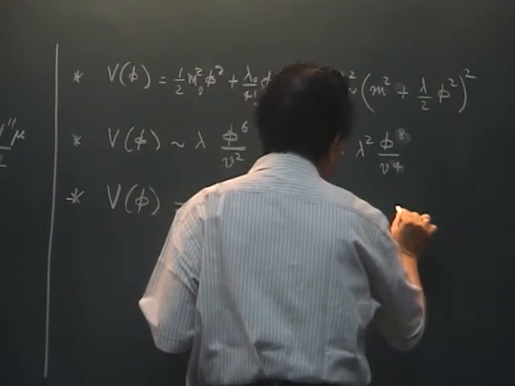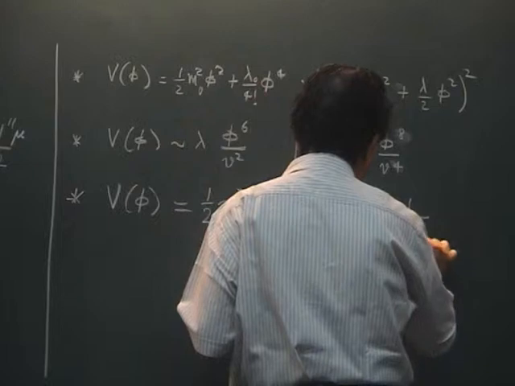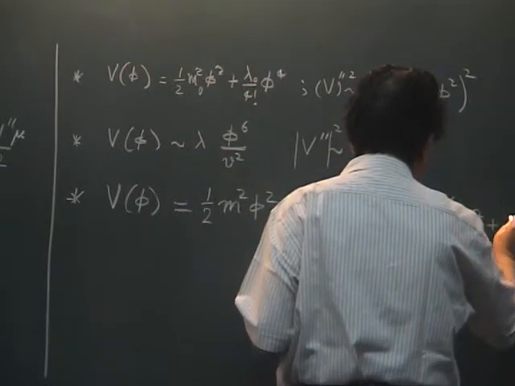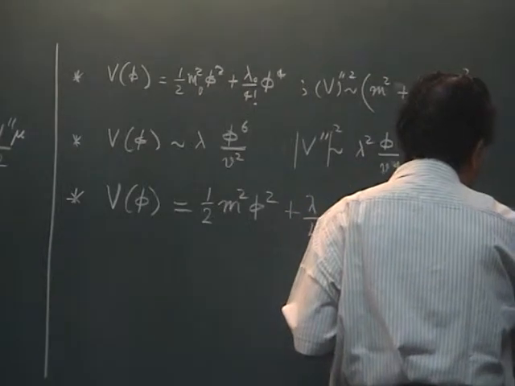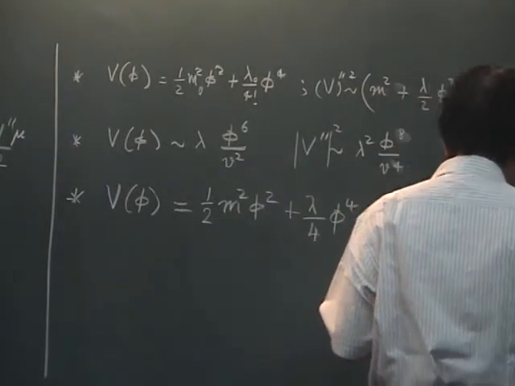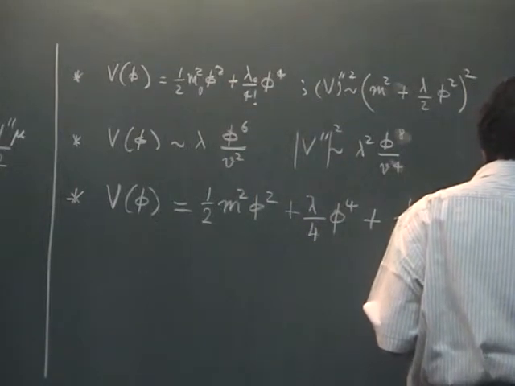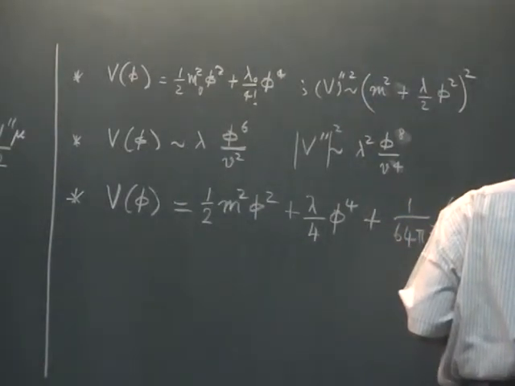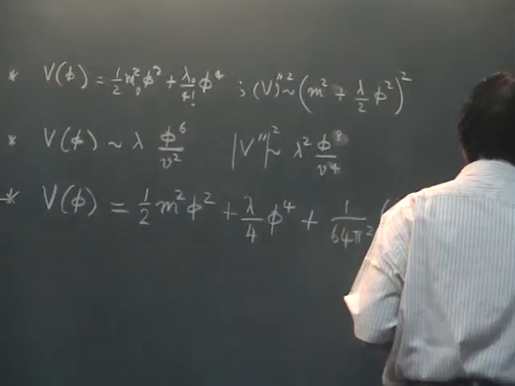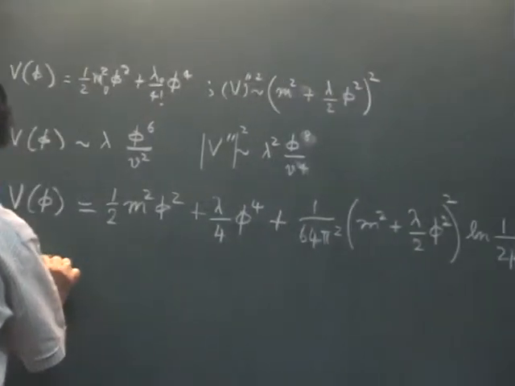Plus V finite, which I will write down, which is essentially 1 upon 64 pi square times m square plus lambda by 2 pi square, a whole square, log 1 over 2 mu, which is that parameter we introduced, the same quantity, m square plus lambda by 2 pi square. Okay? This is the finite part.